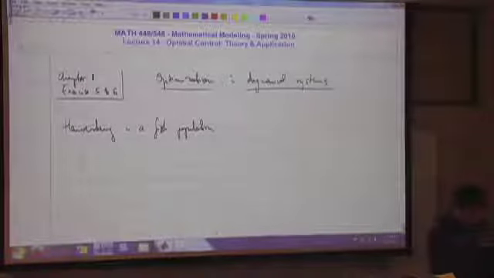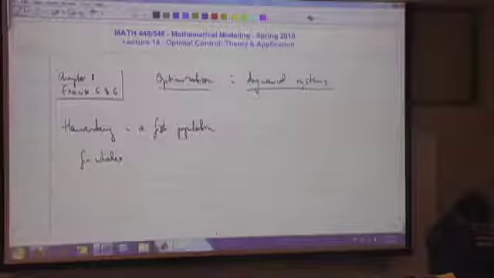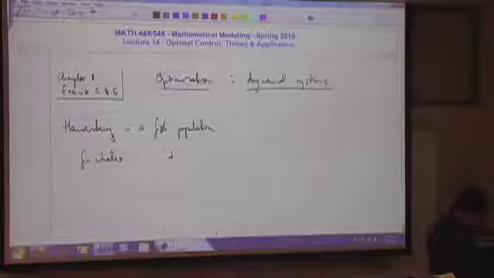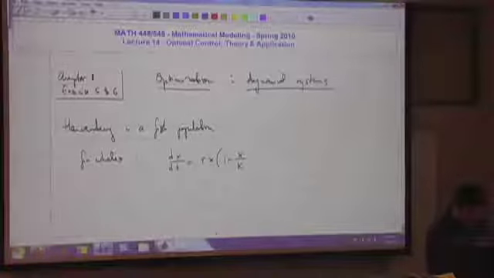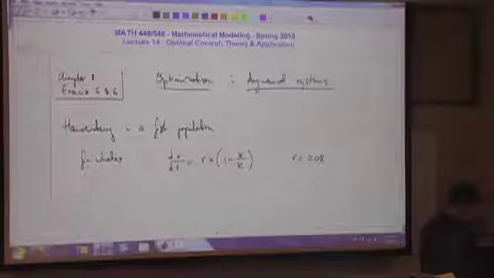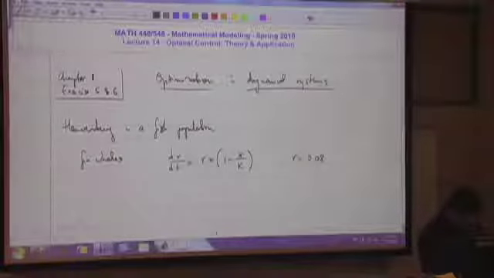So they're talking about fin whales, and the basic assumption is that they grow according to a logistic growth model, where the intrinsic growth rate is 8%, maximum sustained population is 400,000.